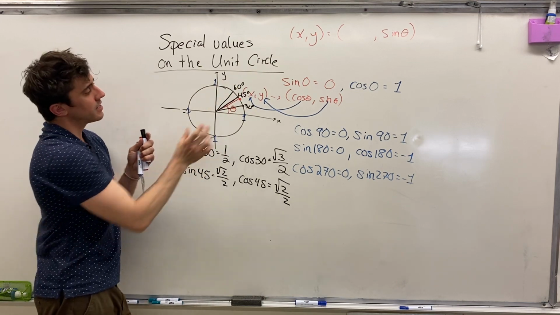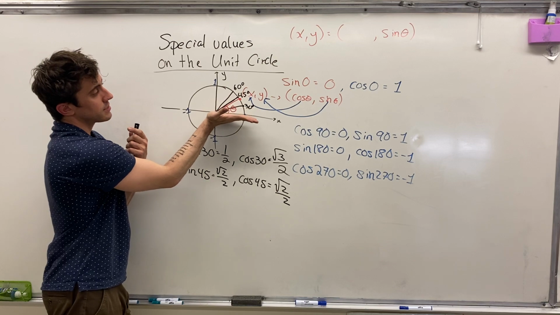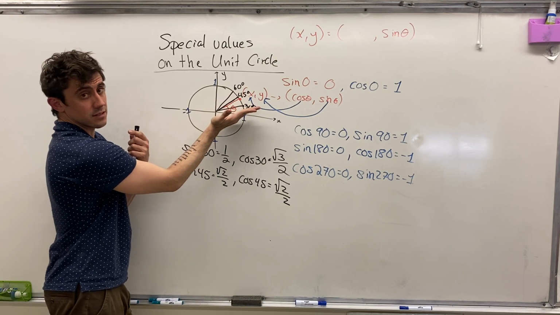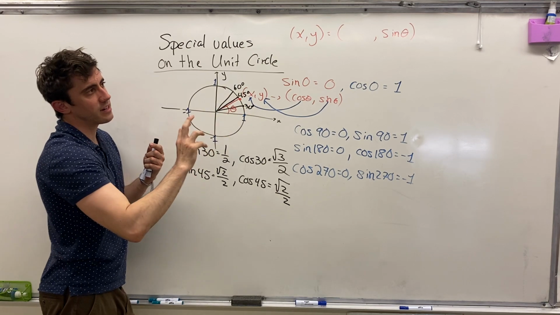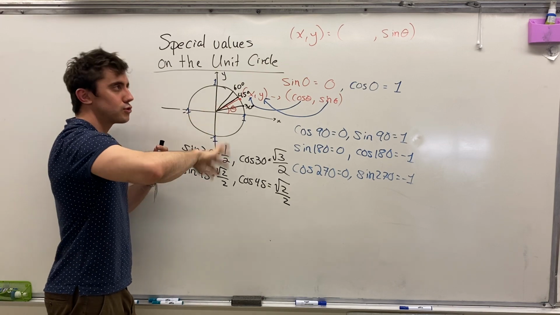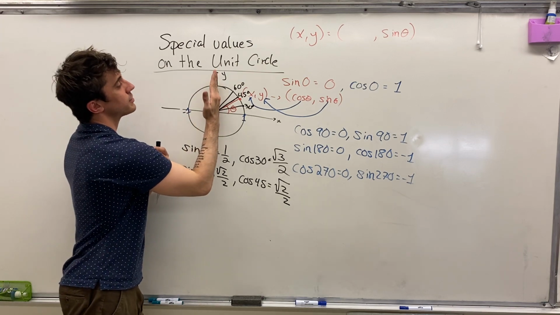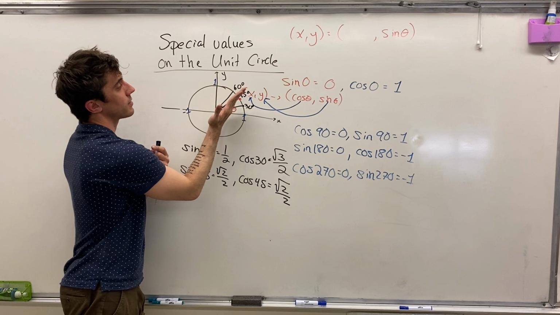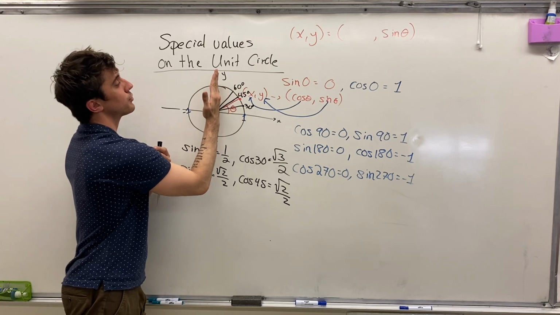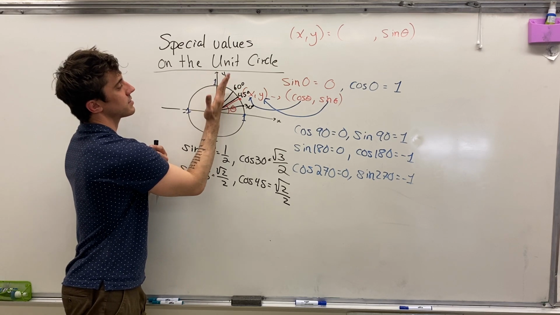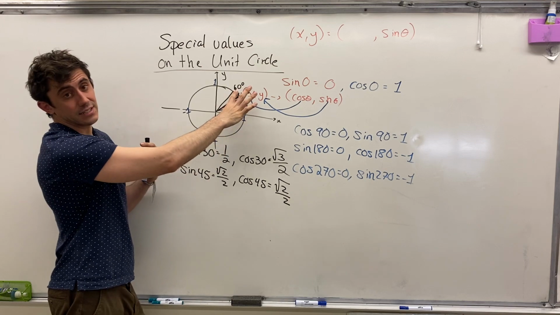And if you notice, 30 degrees from the positive x-axis can have its analogous twin, let's say, if we go 30 degrees down from the positive y-axis. Because if we go 30 degrees down from the positive y-axis, we end up exactly at 60 degrees.